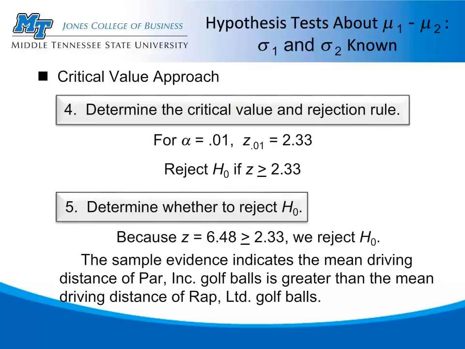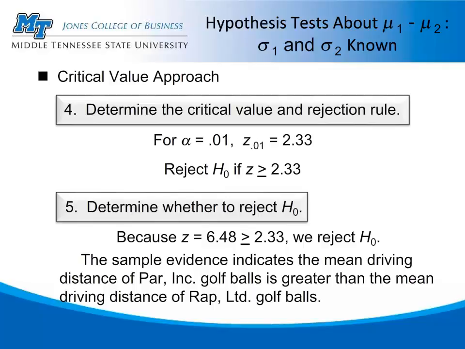And you go to the z-table and you look in the body of the table, the interior of the table, and you're looking for 0.99. That value is not going to be in there. But the closest z-value corresponds to 2.33. It's just a little bit closer to that probability value for 2.33 than it is for 2.32. So we're going to use 2.33 as our critical value.